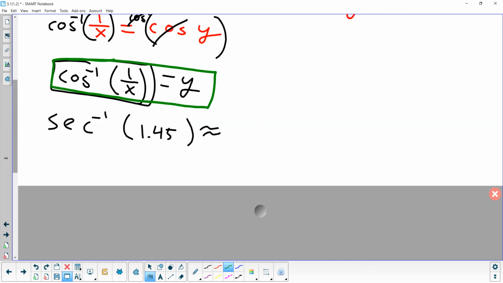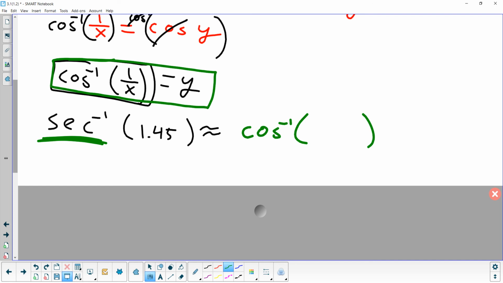So, let's look at this one. Step 1. Pick the trig function that you get when you flip the secant. What trig function does secant go with? Yep, Ava? Cosine. That's going to be my inverse cosine. And what am I going to put inside the parentheses? Think about what we have to do with this number. Cassidy, can you tell me what I do with that number?